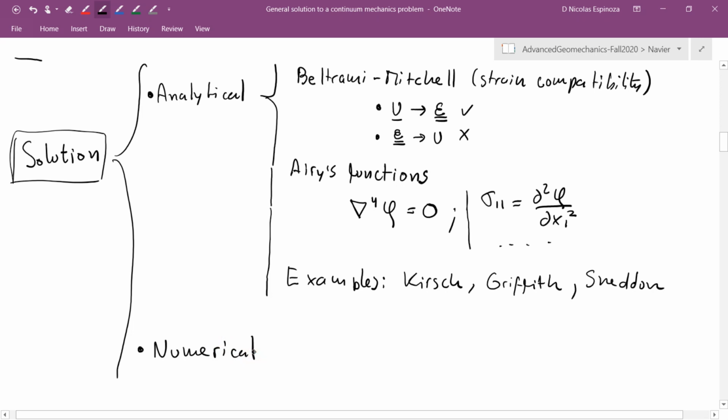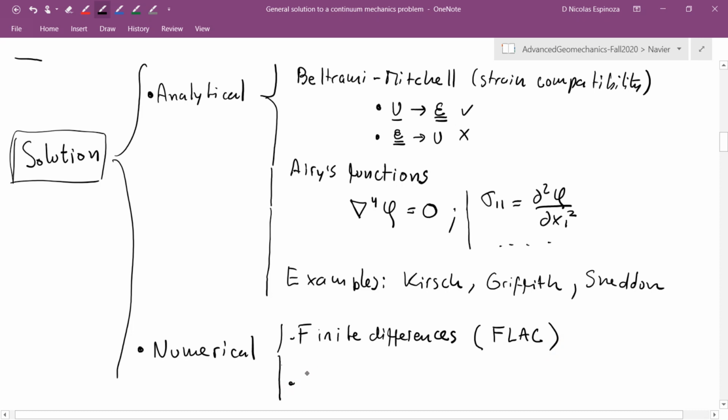And for numerical solutions, there are several options in order to solve the Navier's equation, and you could solve this through finite differences. An example of a software that solves the mechanics equation with finite differences is the software called FLAC. Some of you may be familiar with it.